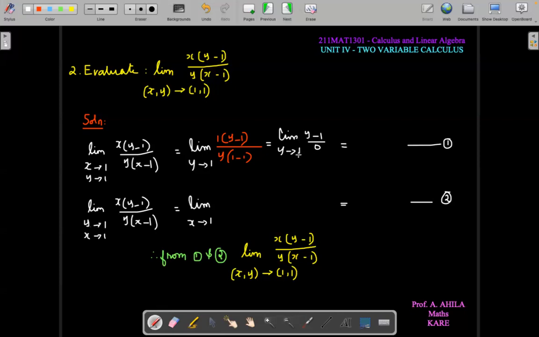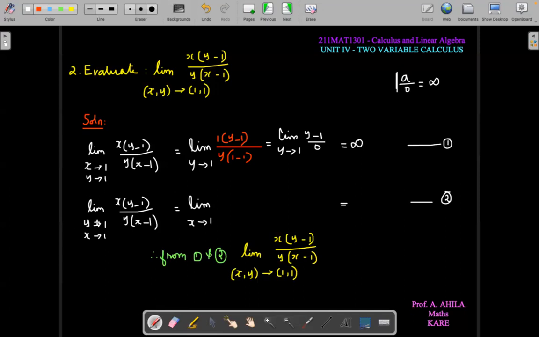I don't want to substitute even y equal to 1. When we find some value by 0, it is always infinity. Okay, we know any number by 0 is always infinity. So without going for substitution of y, we can conclude the limit is infinity.